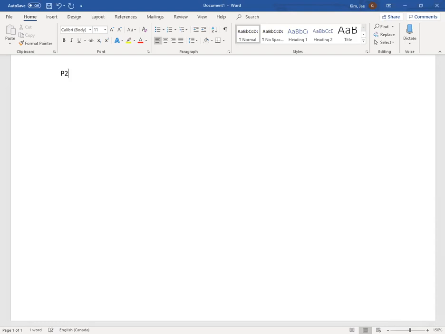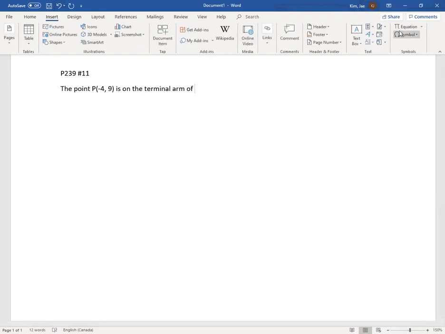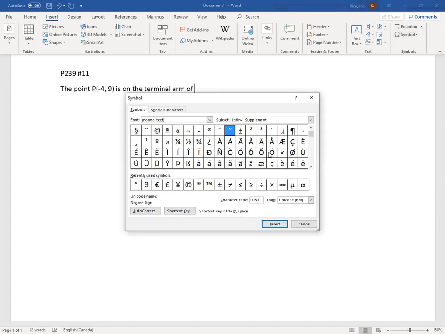So on page 239, number 11, it says the point P, which is (-4, 9), is on the terminal arm of angle A. So let's get really serious and even input some of the proper symbols. If only I was more adept with Microsoft Word and I knew how to find angle symbols.